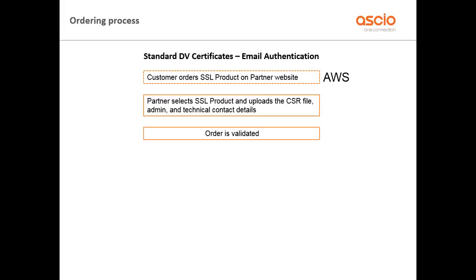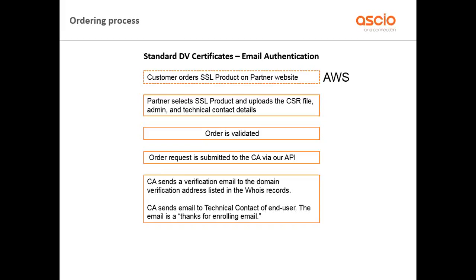We will validate that order. We'll validate both the email addresses, and the CSR file is also validated. We'll submit your request to the certificate authority by our API, and once received, the CA will send a verification mail directly to the customer, as listed in the WHOIS records and in the order.